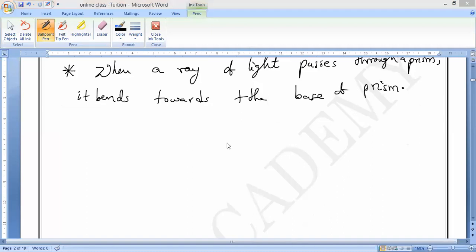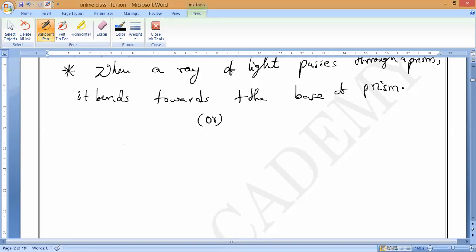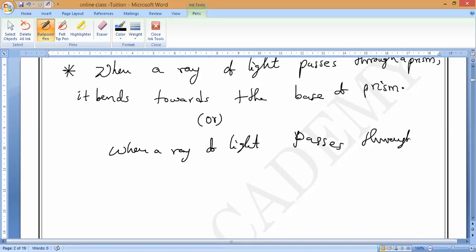Is it okay? What is said to be the peculiar shape? We can also say the bottom surface, you can write that. When a ray of light passes through a prism, it bends towards the thicker part.